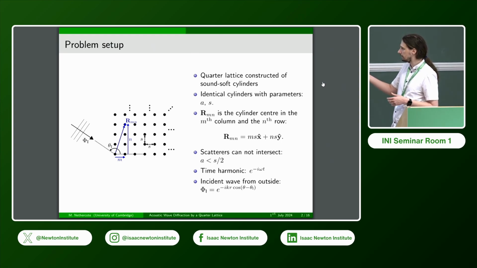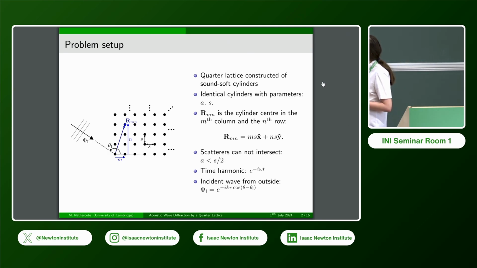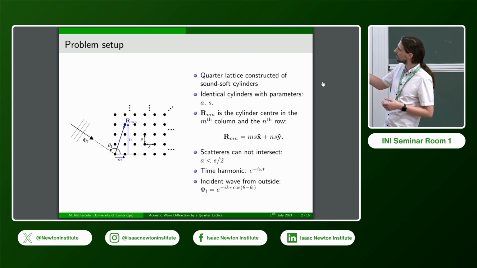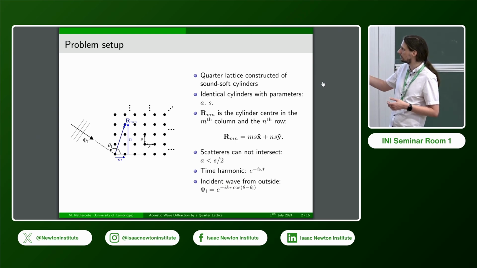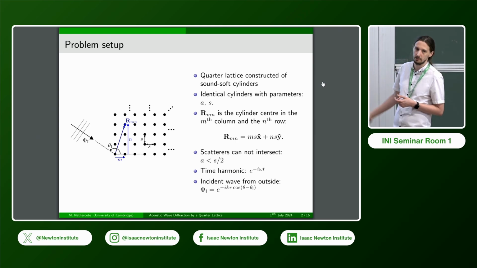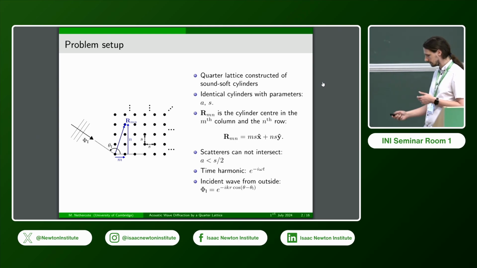I've given it here using cylindrical polar coordinates, and it depends on 2 parameters, k being the wave number and theta I being the incident angle. I'm also restricting the incident angle so that the wave is incoming only from outside the lattice.